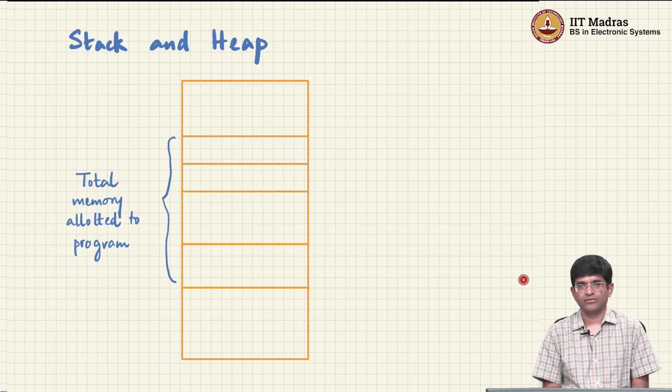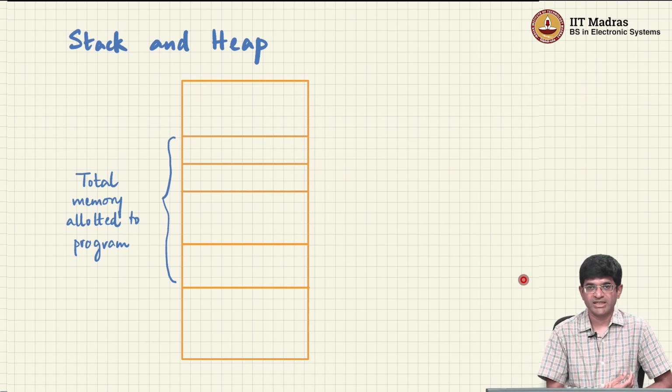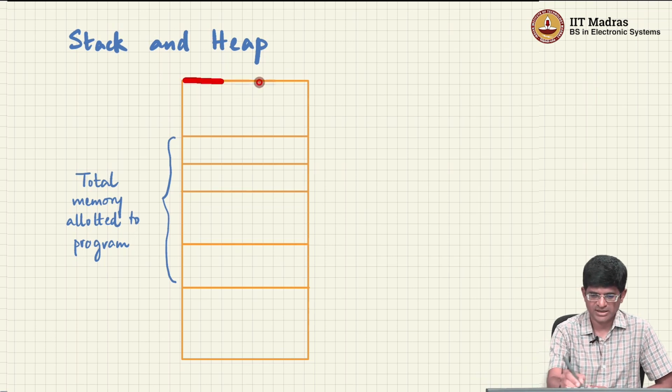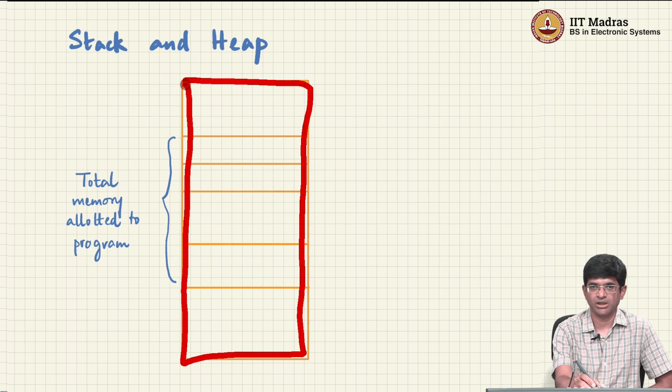Now when we talk about variables, there is one more aspect to keep in mind, which is about where variables get allocated in the memory of a system, right? For that, what we need to think about is this big outline that we have over here is the total memory available to a computing system.